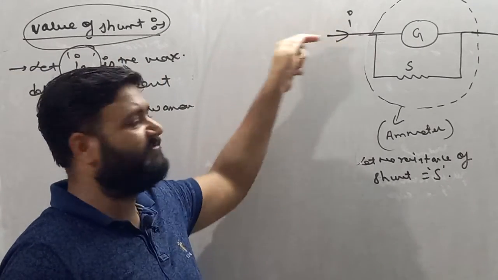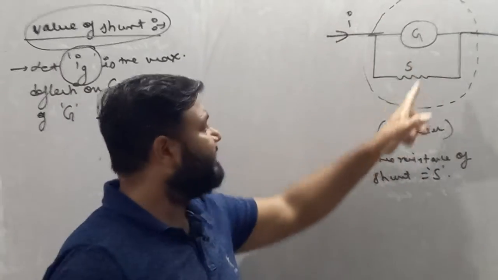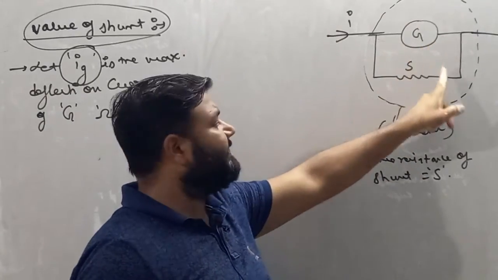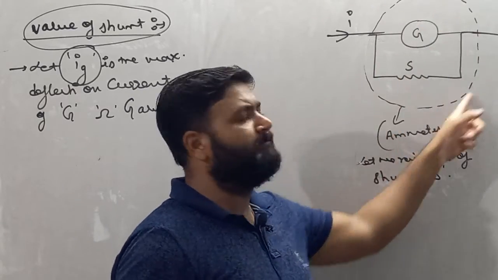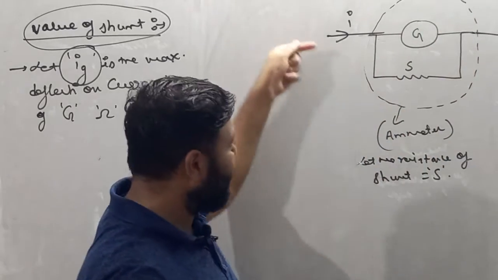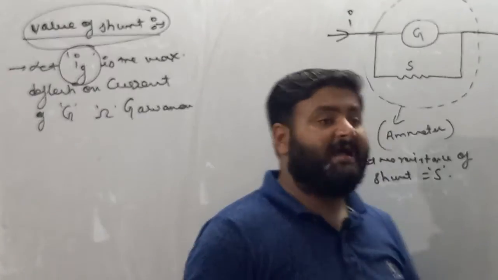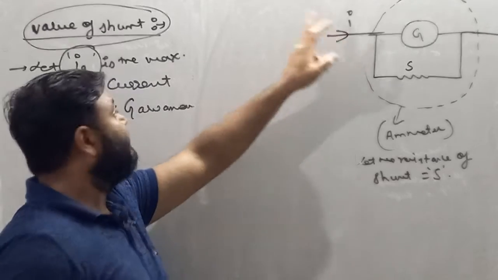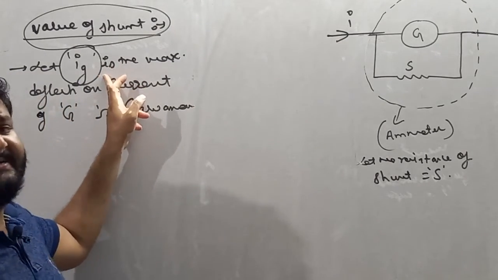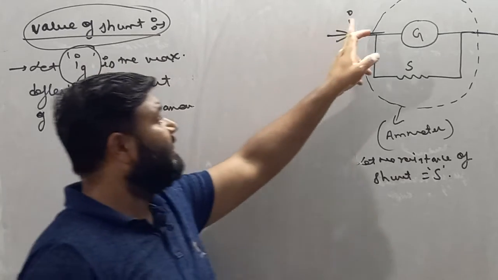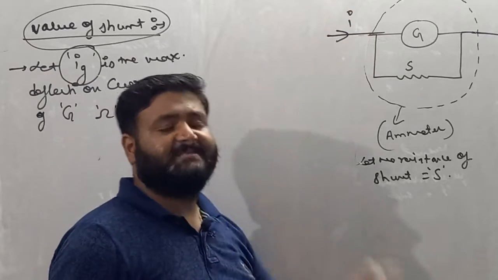I am giving some I current to this ammeter, because along with the galvanometer, a small value resistor called shunt forms the ammeter, my dear student. It is possible that Ig is less than this input current, or Ig is greater than this input current.